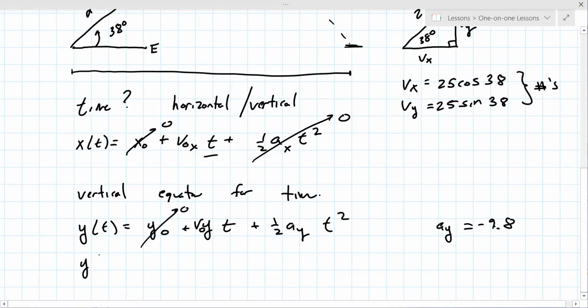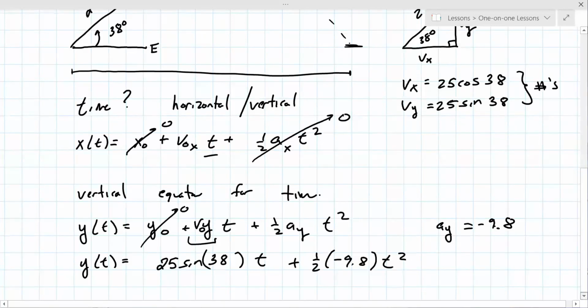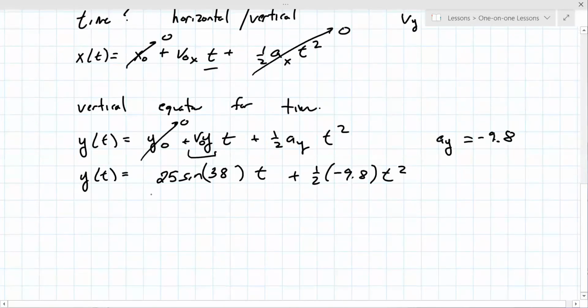So y of t equals 25 sine 38 times t plus 1/2 times negative 9.8 t squared. You can get a number for this 25 sine 38. We do need it at some point.